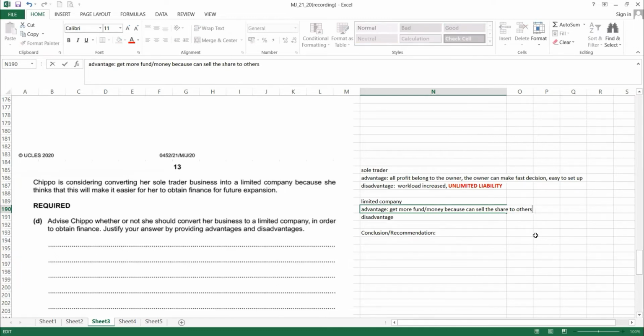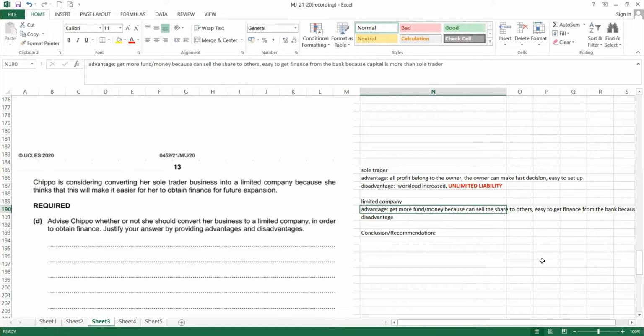Other than that, when you want to borrow money from the bank, it is easier to get finance from the bank because capital is more than a sole trader.